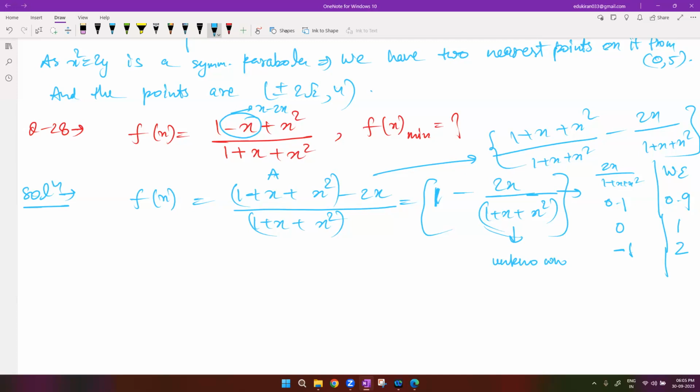Now let's take this value as 1, the whole value becomes 0. Let's take this value as 2, the whole value becomes -1. Let's take this value as 3, then the whole value becomes -2. So as you increase this, the whole value gets decreased. So basically, for the minimum of f(x), find the maximum of this.